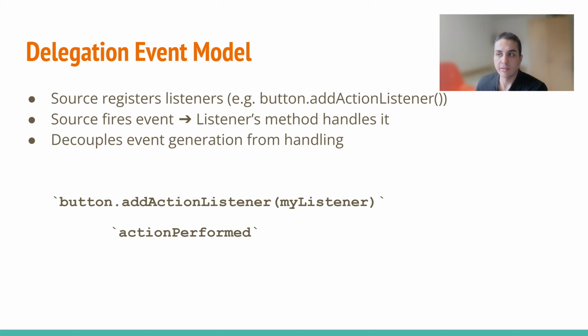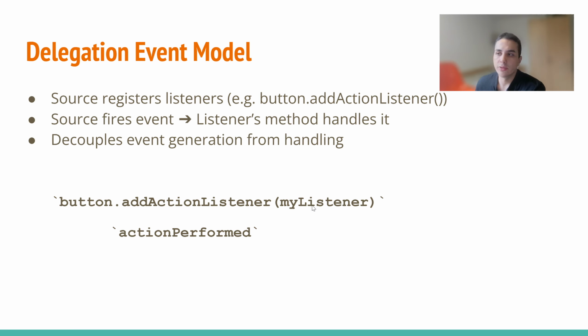It is called the delegation event model. A GUI component, like the event source, has methods to allow listeners to register themselves. In this example, we have button.addActionListener(myListener), and when the user interacts, like clicks or types, the component creates an event object and delegates handling to all registered listeners by calling the appropriate callback method on the listener.